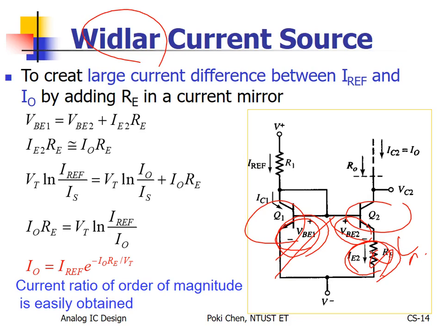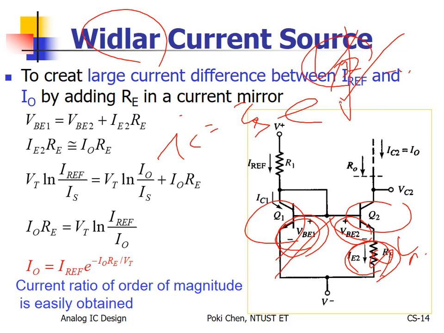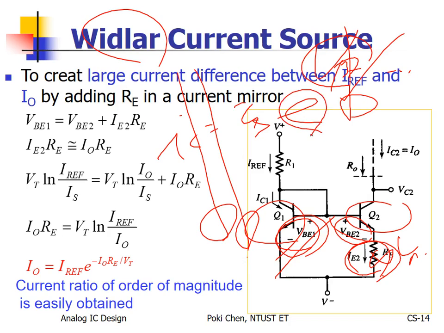So what will be the impact? IC or IE equals IS times the exponential of VBE over VT. If this is reduced, then the current will be substantially reduced according to exponential decay. It means the current here and the current there will be a huge difference.